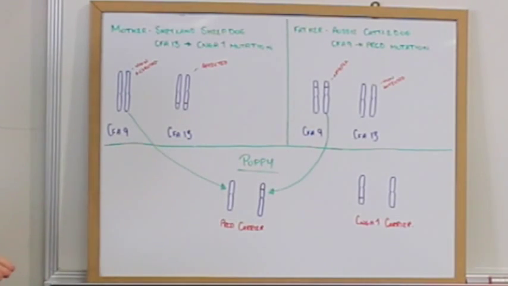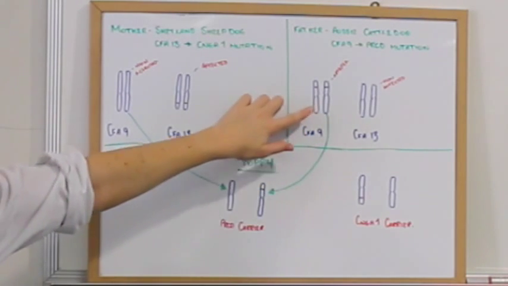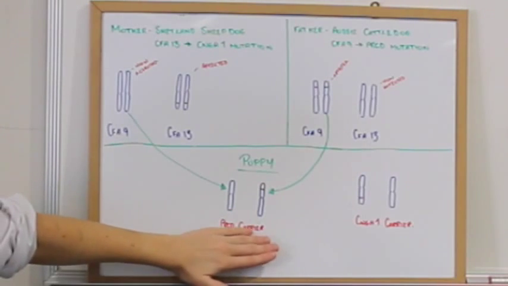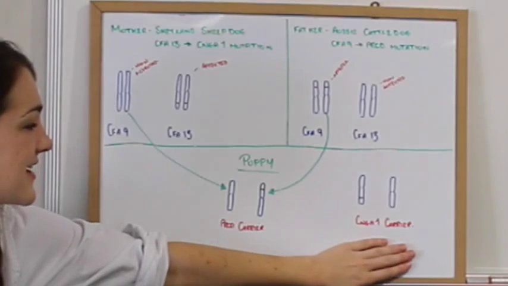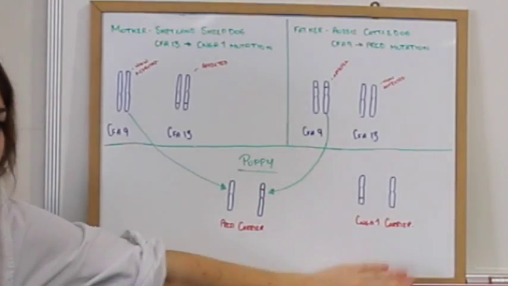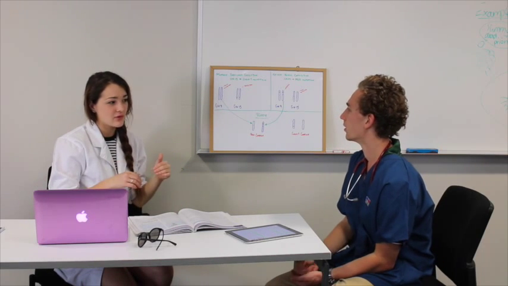With the normal recombination of chromosomes during breeding, we're going to have a non-affected chromosome 9 from the mother and an affected chromosome 9 from the father, and we'll end up with a carrier for PRCD, and the same is going to happen for chromosome 13 and we'll have a CNGA1 carrier. So the puppies will be heterozygous for 2 different disorders and end up being carriers for both.